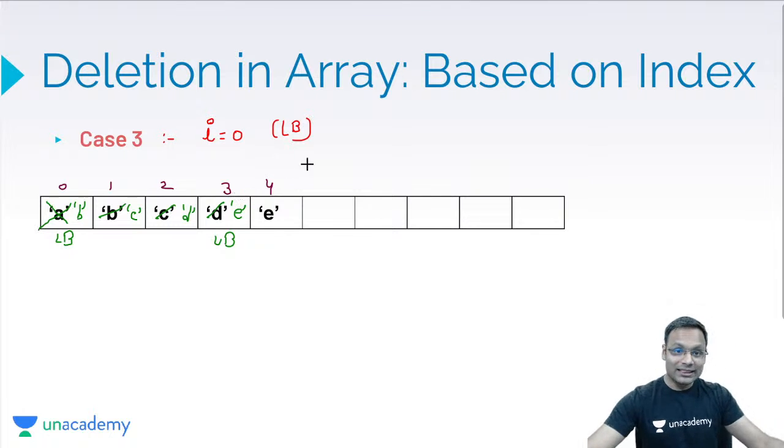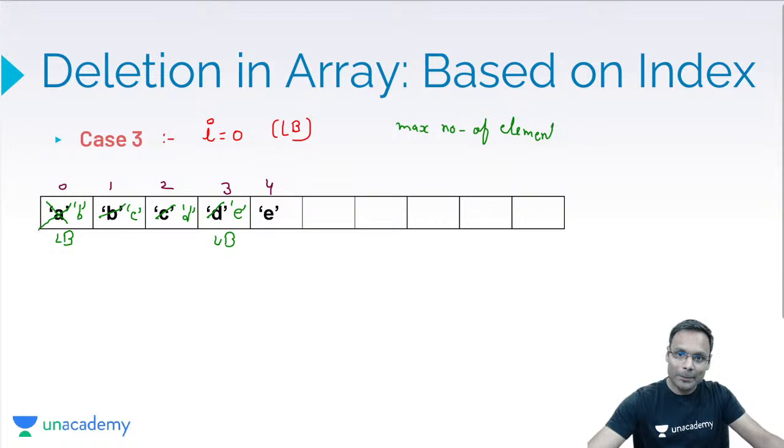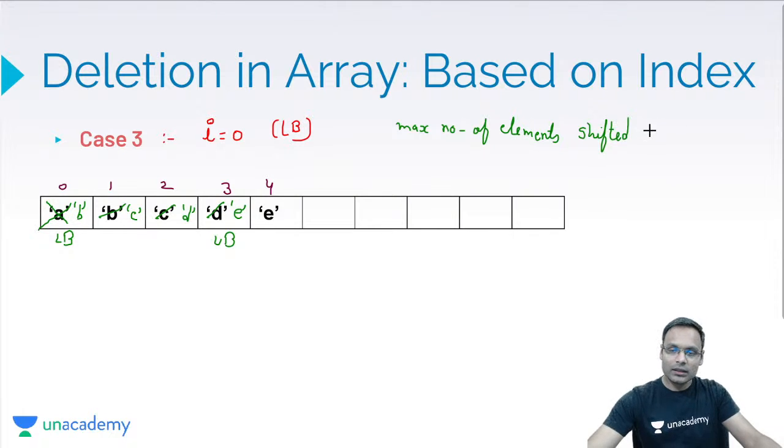So in this particular case, maximum number of elements shifted. Which side are they shifted, towards left or right? Left, one position to the left.